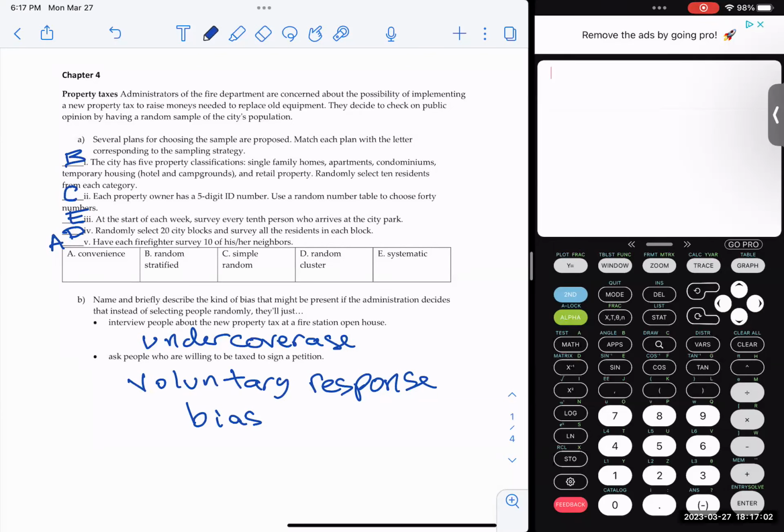And if you remember, the sample frame is the group that we really can pull the sample from. Ideally, it would match the population. Sometimes it's smaller. So if we're doing a big study and we're calling people, the sample frame is going to be people with phones, right? And so if we cared about a large portion of people who wouldn't have phones, undercoverage would be a big issue. In this case, if we're just doing an open house, there's going to be a lot of people who don't show up. Those people's responses are probably going to be part of that population feeling. And so there's undercoverage for that reason.